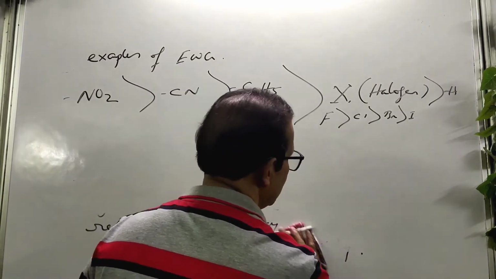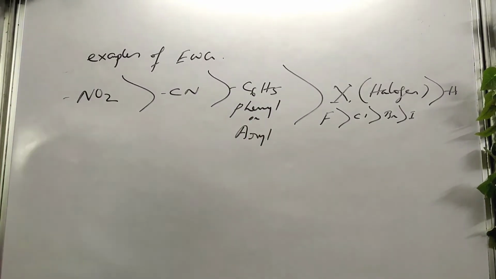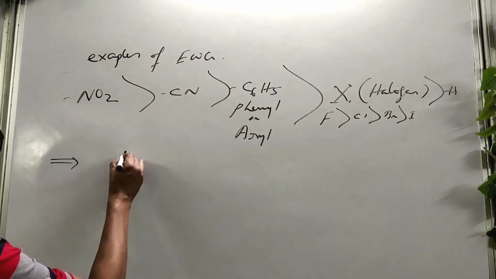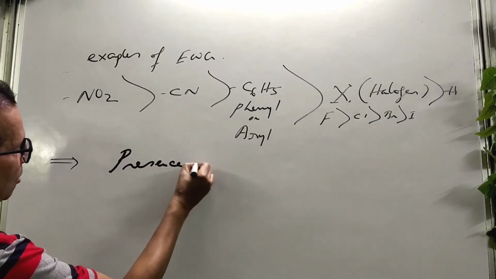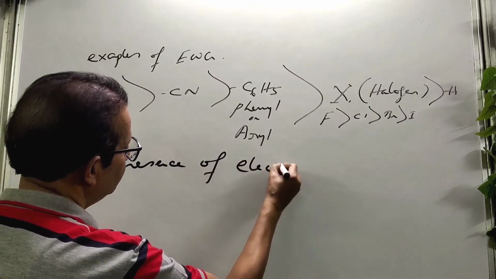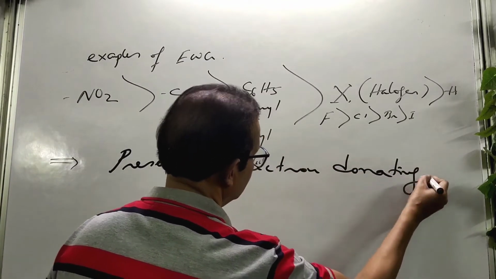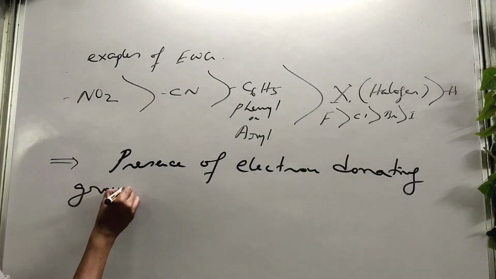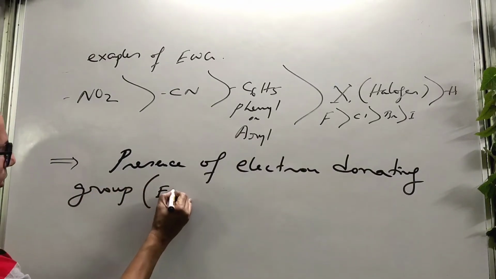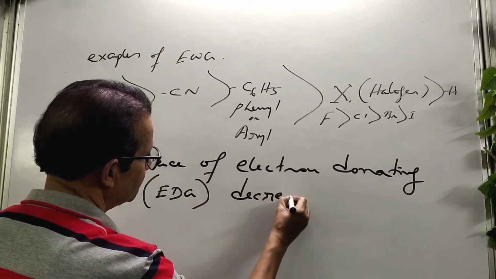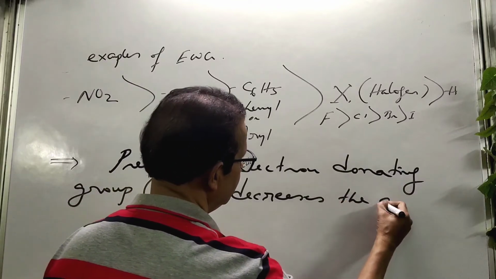Now, in reverse sense, you can say presence of electron donating groups decreases the acidity. So write down: presence of electron donating groups, that is electron donating groups, decreases the acidity.